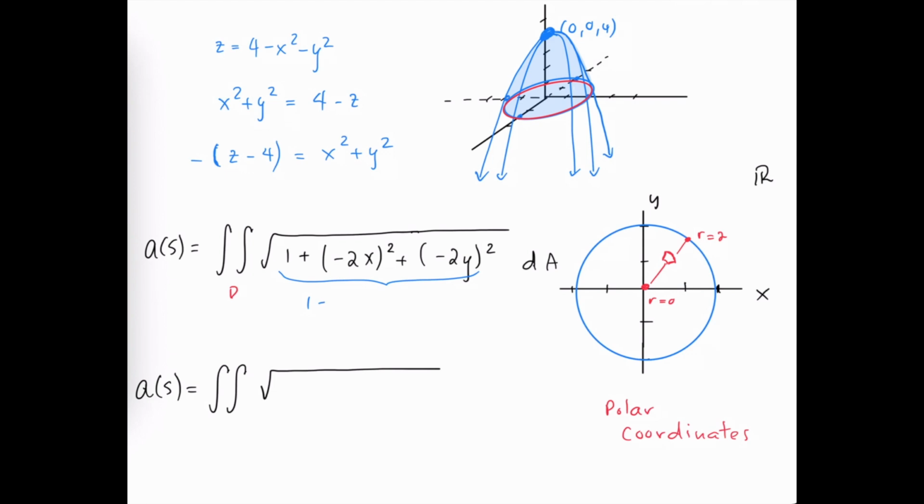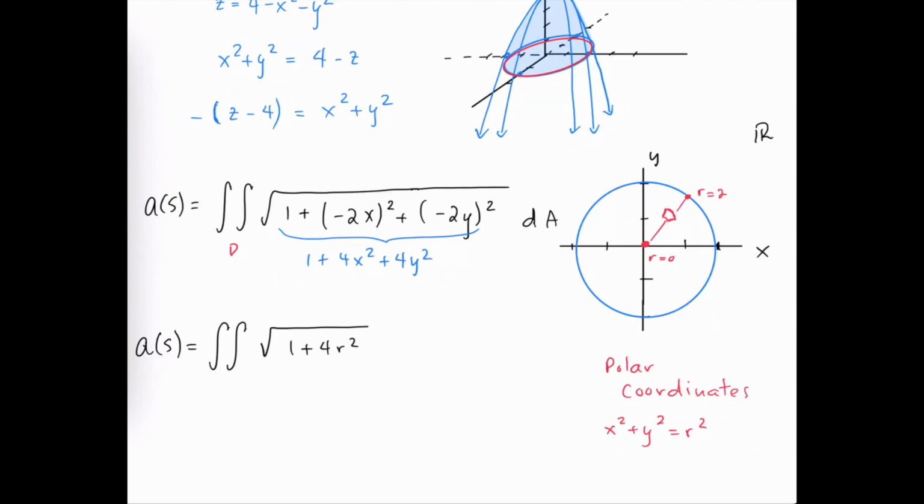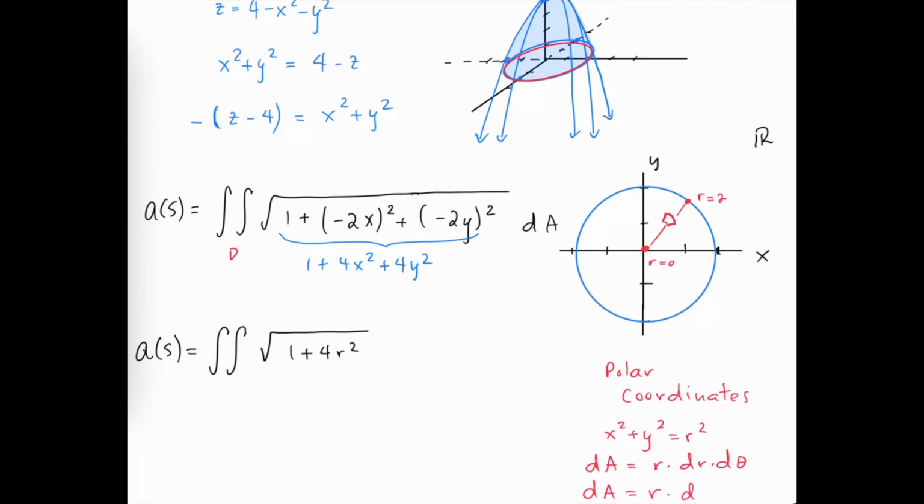This integrand is going to simplify to being 1 plus 4x squared plus 4y squared. And let's recall that our substitution for x squared plus y squared is r squared, which is going to make this integrand 1 plus 4r squared. Let's also recall that the area of a little tiny polar rectangle is either going to be r dr d theta or r d theta dr, depending on the order of integration that we choose.